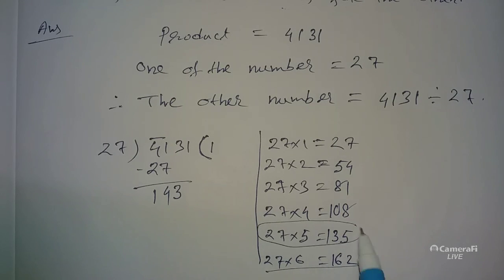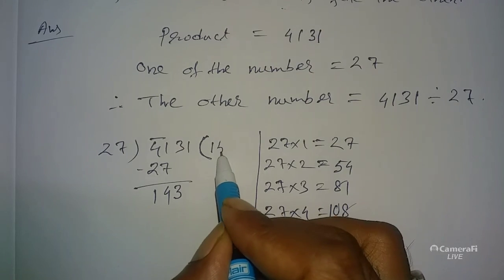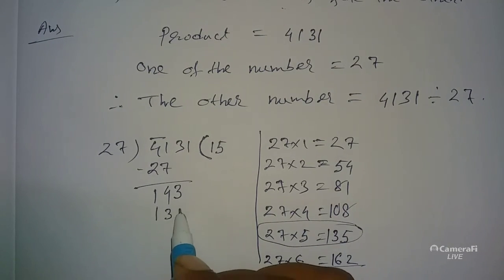So we will take this one by 5, we get 135.